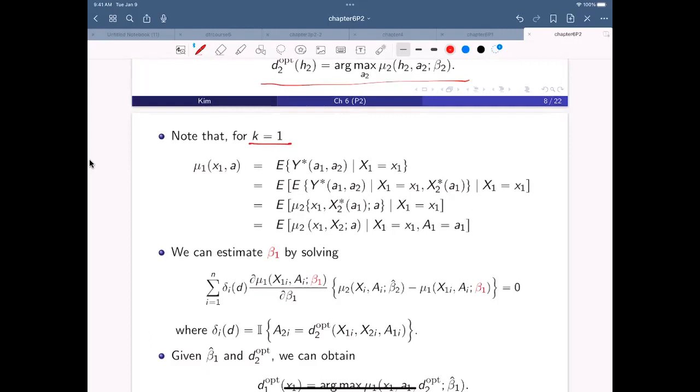And then this guy is a conditional expectation of the conditional expectation, right? And this guy is equal to this guy by definition. So you basically can write it as the conditional expectation of U2.